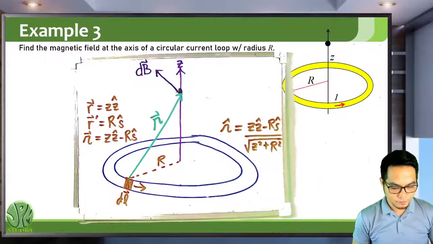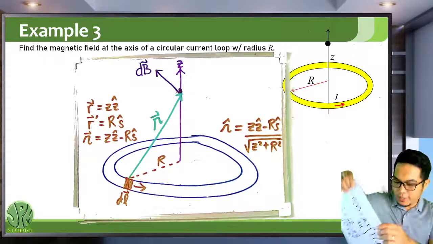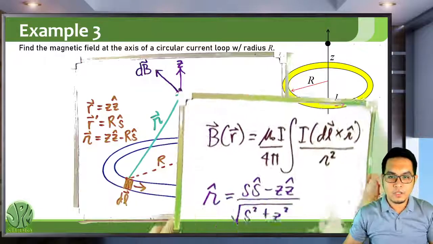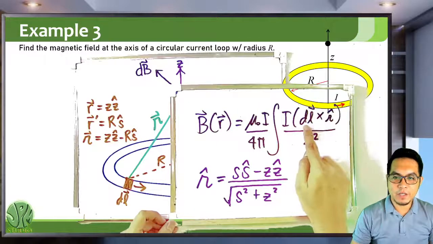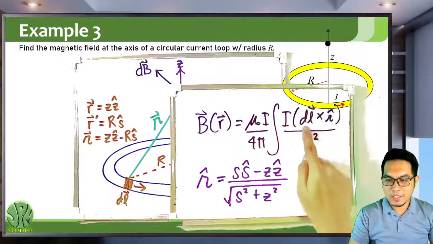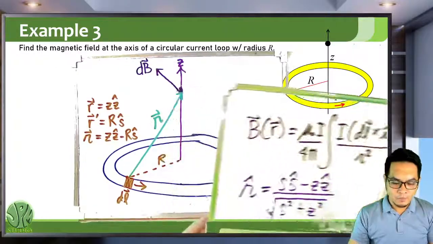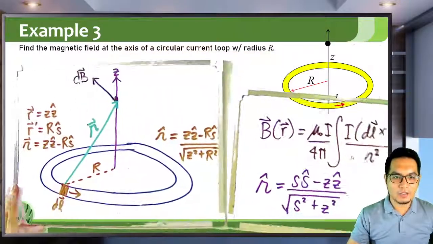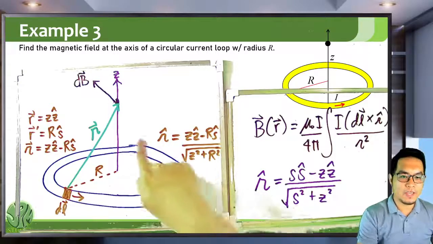Okay, now from the law of Biot-Savart, the magnetic field actually depends on this term here, dl cross r hat. The direction of the magnetic field is actually the direction of this cross product, dl cross r hat. Now, if you take the dl cross r hat in our scenario, our dl is in the phi direction.